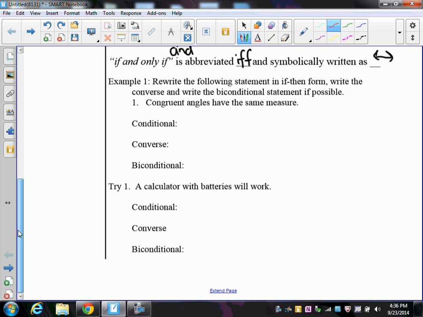Remember, we write a conditional whenever we split the statement on the verb. So the part to the left of the verb is going to be our hypothesis P, and to the right of the verb is going to be the conclusion Q. So the conditional was P then Q. So we have to make congruent angles an if part to fill out the hypothesis.